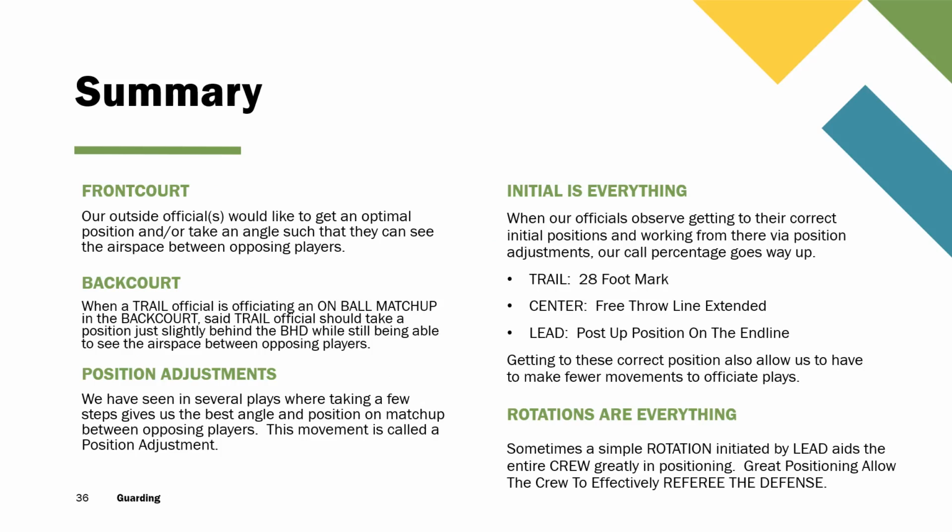Officials work best when they get to their initial positions, which is the 28-foot mark for trail, free throw line extended for center, and the post-up position on the end line for lead.